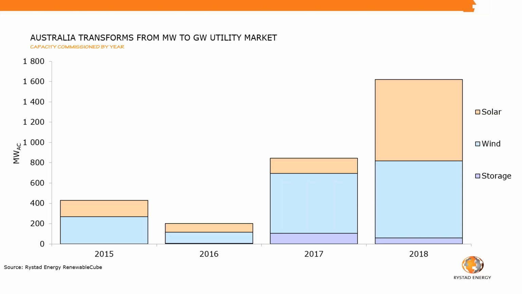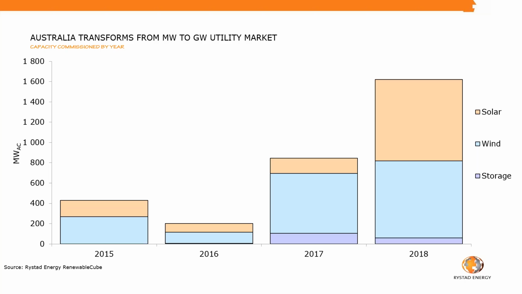What you see on screen here is the amount of capacity that was commissioned by year for utility PV, wind, and storage in the Australian market. You see that 2018 was a record year for the Australian renewables industry, and it was significant for multiple reasons. It's the first time that the utility PV, wind and storage industry commissioned over 1 gigawatt.